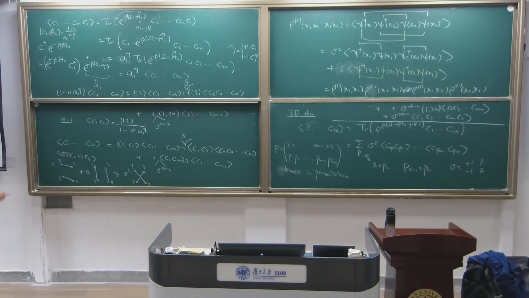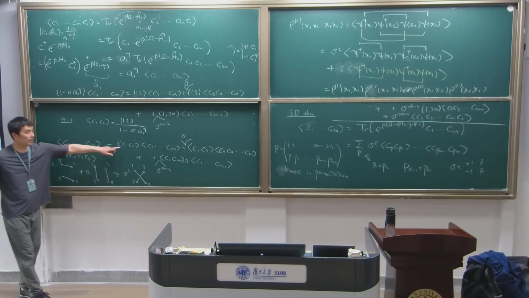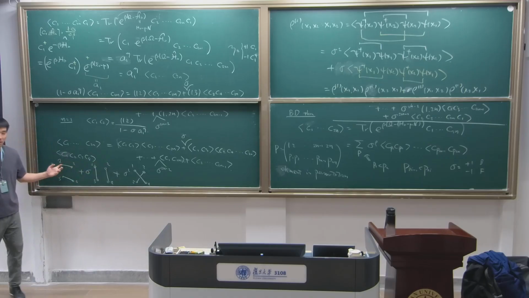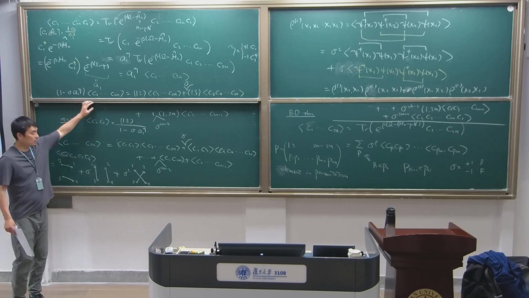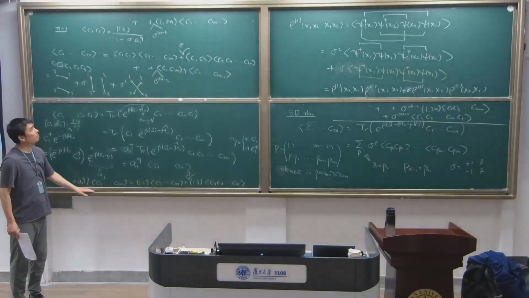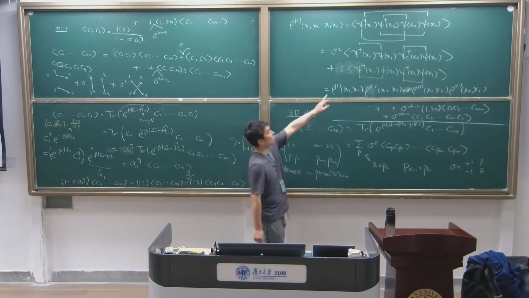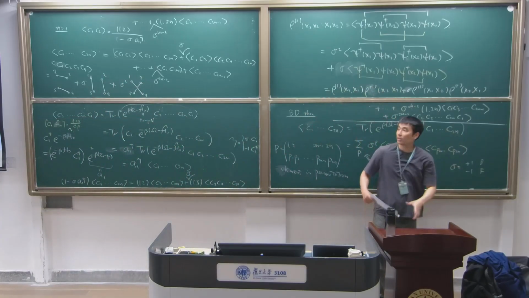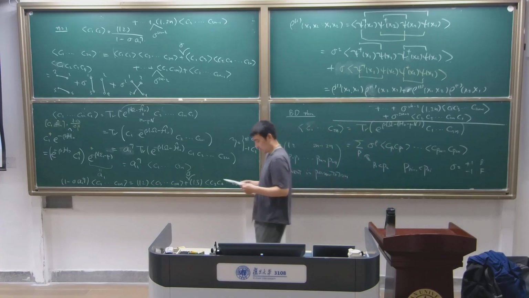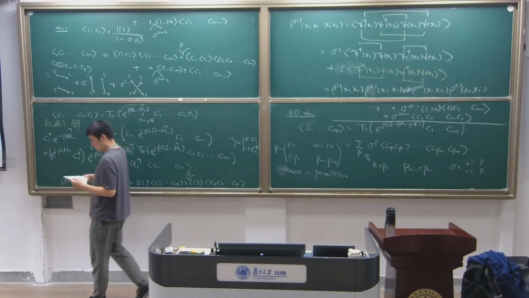Those contractions are presented by just drawing edges between two vertices. That's how you write down the contraction. And often this contraction is called Wick contraction. Okay.